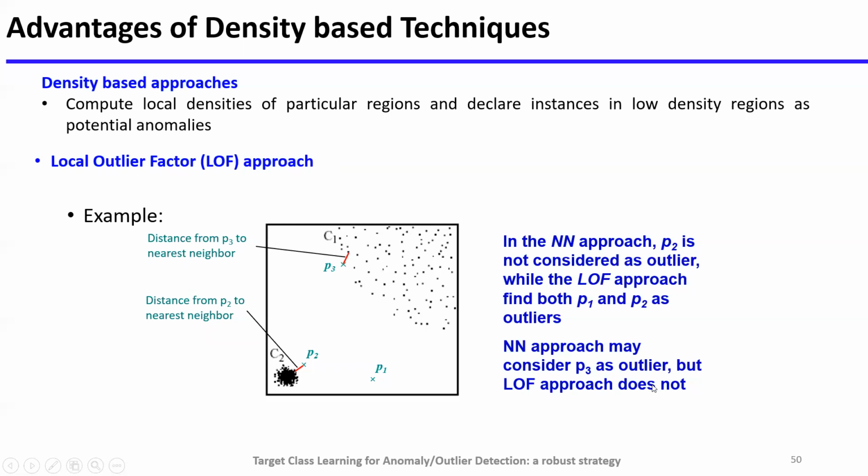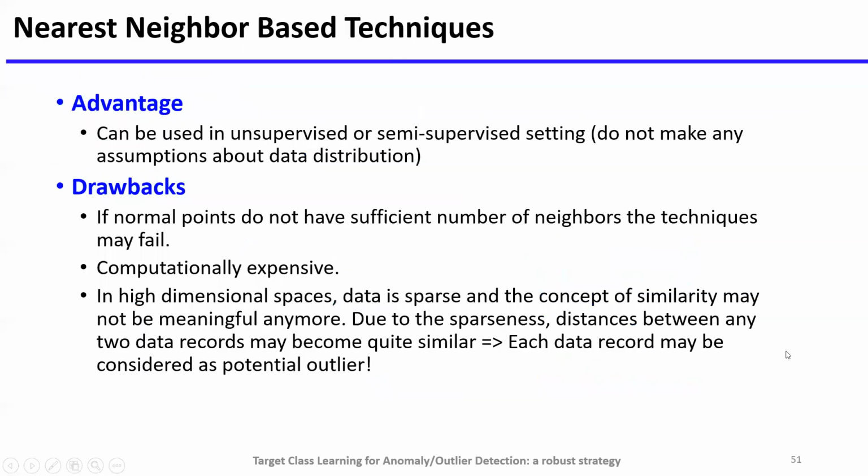So basically, there are various ways to consider the concept of an outlier. Sometimes it is density based and sometimes it is distance based. Both are very important and both can work depending upon the context. If we talk about the advantage, it can be used in unsupervised or semi-supervised settings, because in an unsupervised fashion we will not have any assumption about the data distribution.